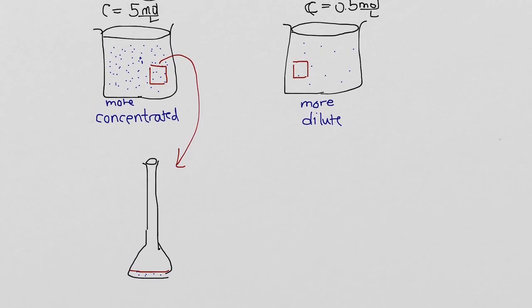So a dilution really means, how do you make the solid more spread out? Well, one way of doing this is to take what you already have and then you add water to it, or add more solvent.